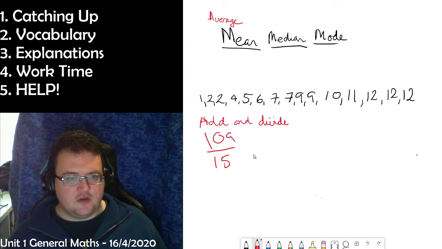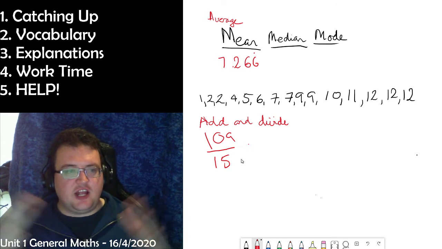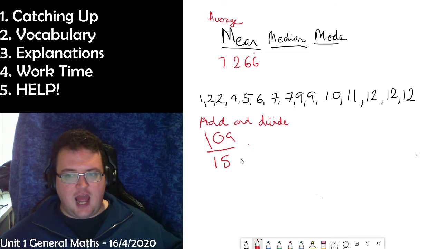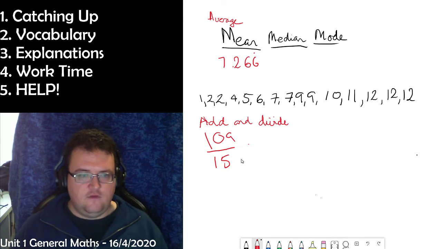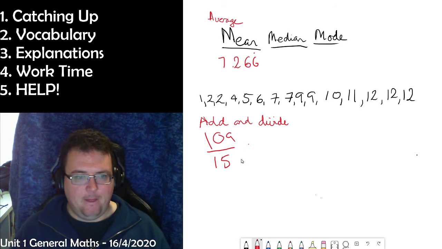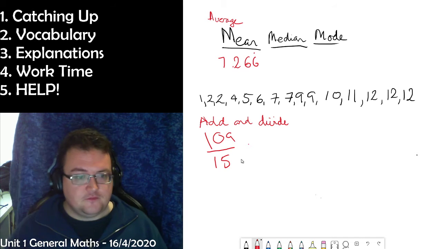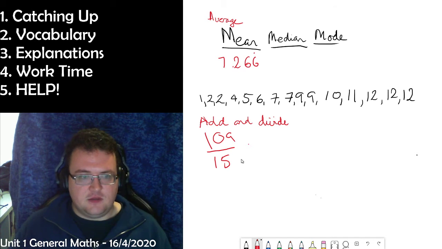And then 109 divided by 15 should be 7.266 recurring. You need to stretch your screen out. There should be 15 numbers. Go full screen. Alright, there are 15 numbers there, I assure you.